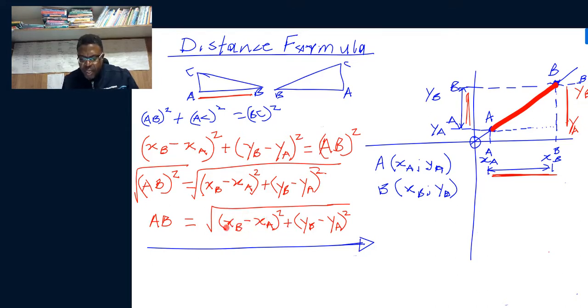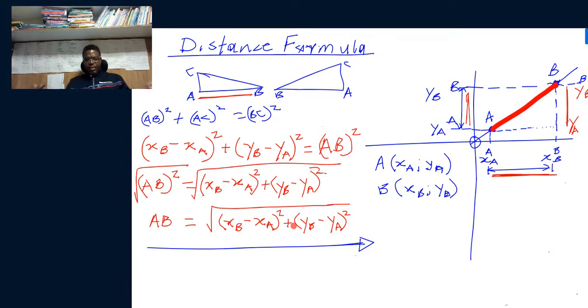If you subtract your numbers here, let's say maybe you get 5, it's going to be 5 squared, and here maybe let's say you get 12, it's going to be 144. So you simply add those numbers after squaring, of course, then you add them using this sign. After getting the sum, then you take a square root. Then that is it.